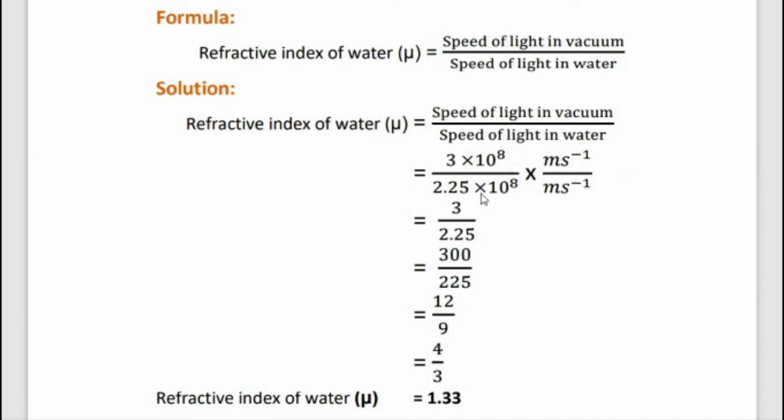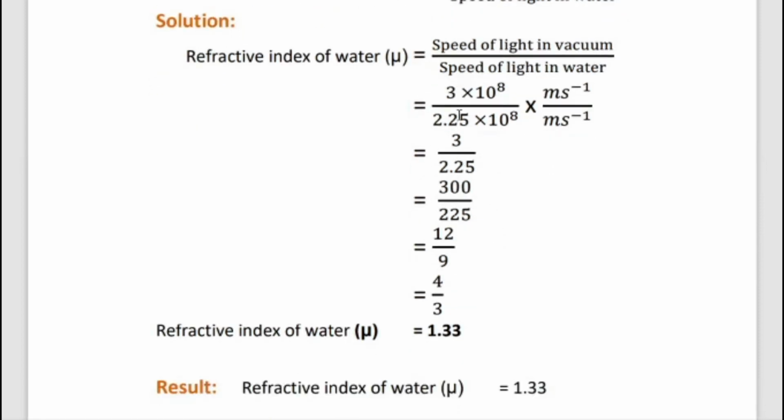So substitute the given data. Speed of light in vacuum is 3 into 10 power 8 ms power minus 1 divided by speed of light in water, 2.25 into 10 power 8 ms power minus 1. Here 10 power 8 and 10 power 8 cancel, then ms power minus 1 and ms power minus 1 cancel.